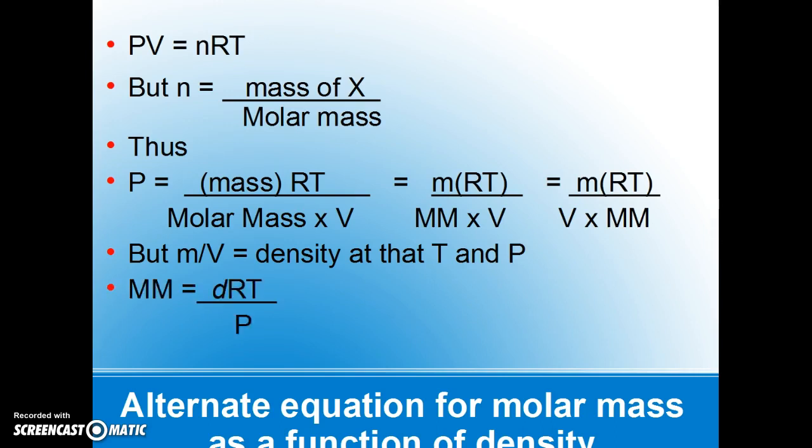The molar mass then can be shown to be equal to the density times RT over the pressure. You can talk to your teacher to find a mnemonic so that you can remember this equation more easily.